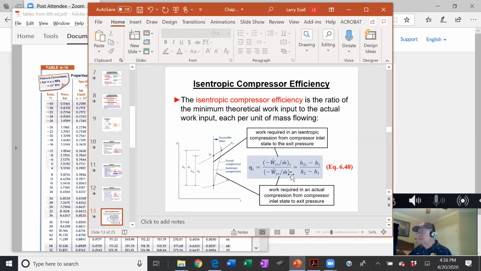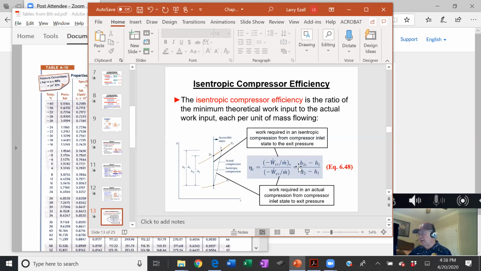but I know you'll all get it on the final. So if I use the sense of heat transfer and work, what's positive and what's negative, like we were taught at the first of the course, I would have H1 minus H2S over H1 minus H2 equal the compressor efficiency.